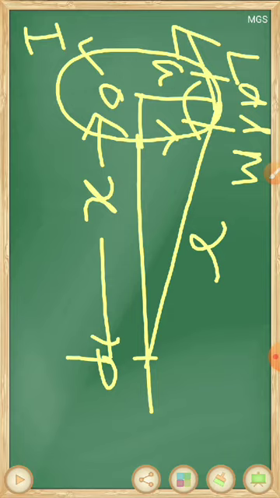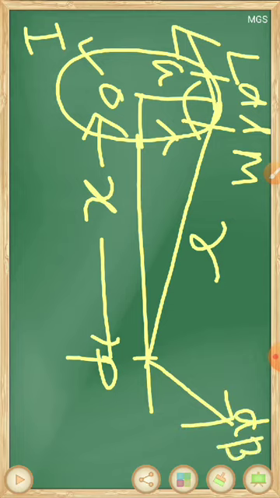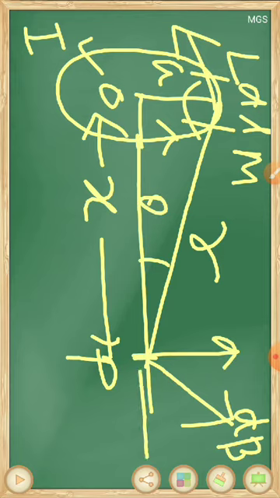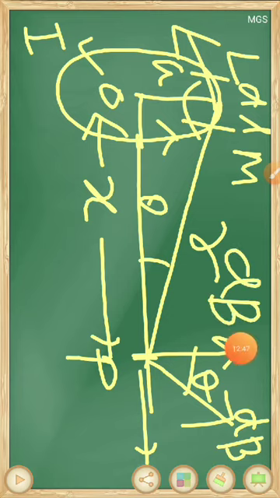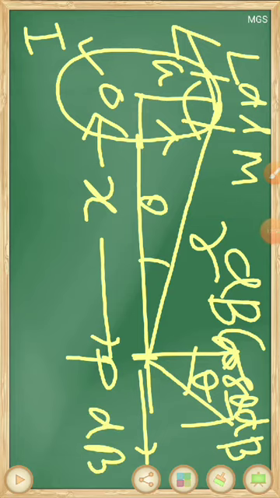And if you rotate a right-handed screw from IDL to r, it will be clockwise, so it will go inside. So direction of dB will be somewhat here. So if this angle is theta, then this angle becomes theta. So resolving dB into its rectangular components, dB cos theta, and here it will be dB sin theta.